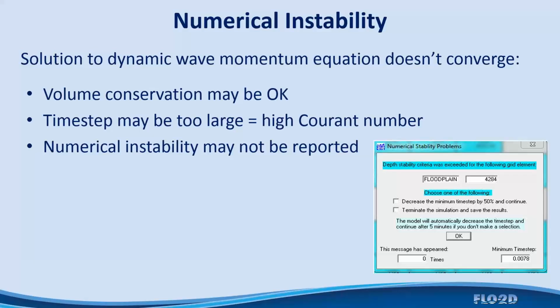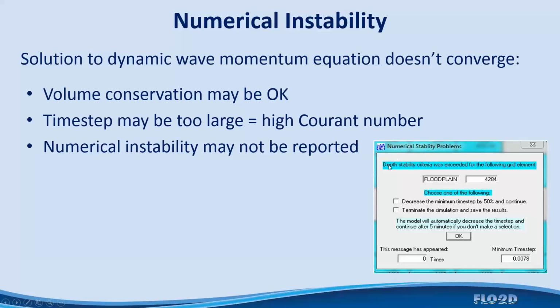And if you have very small grid elements and a lot of discharge, the water could be having trouble going up and down in those elements that may not have much storage left. In your model, maybe the numerical instability may not be reported.